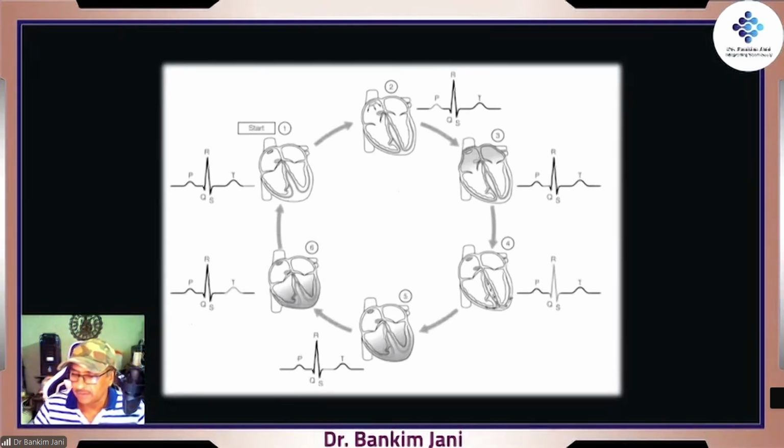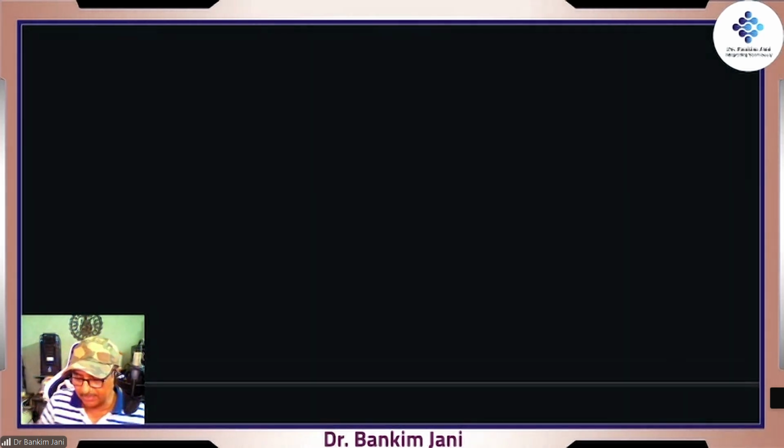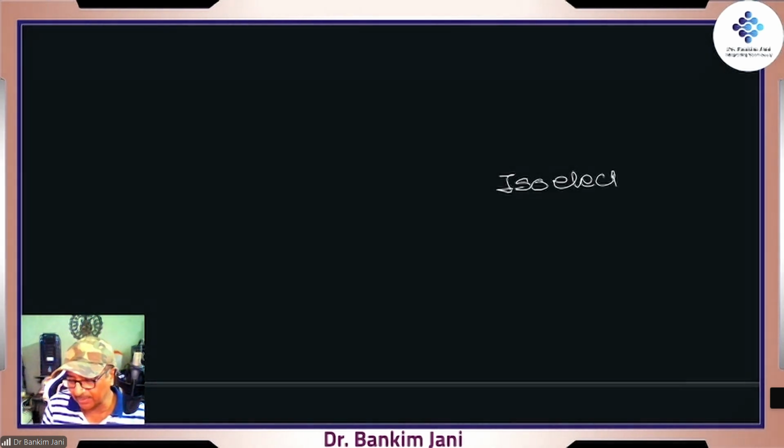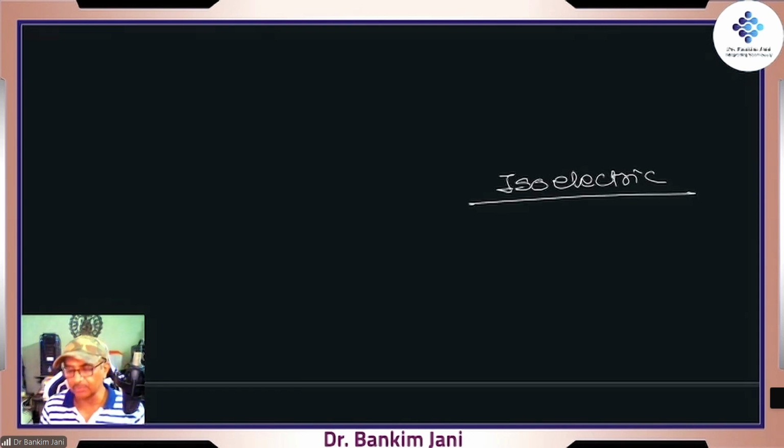This was when we discussed the entire cycle, right? What is happening at what level. Another word you will find in an ECG report is isoelectric. We will be using this word as well.